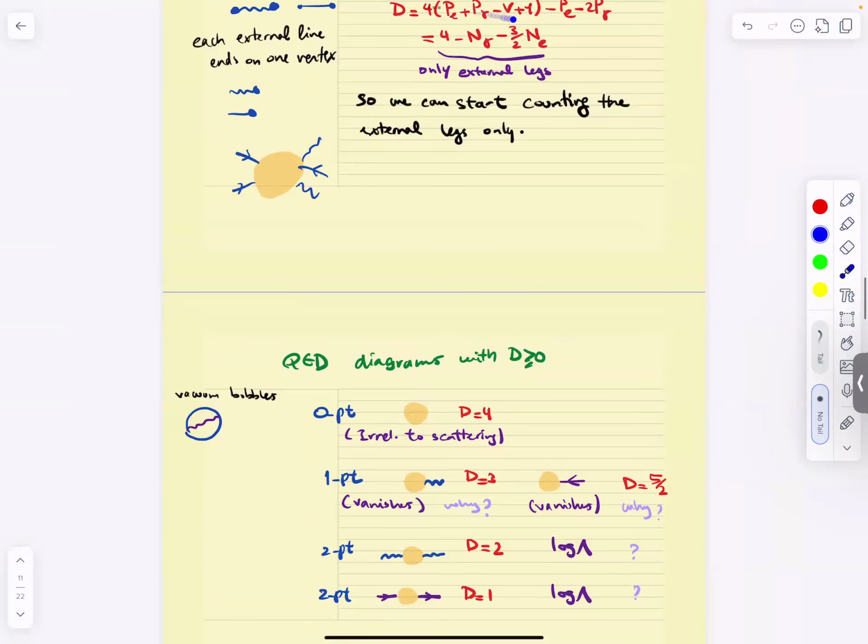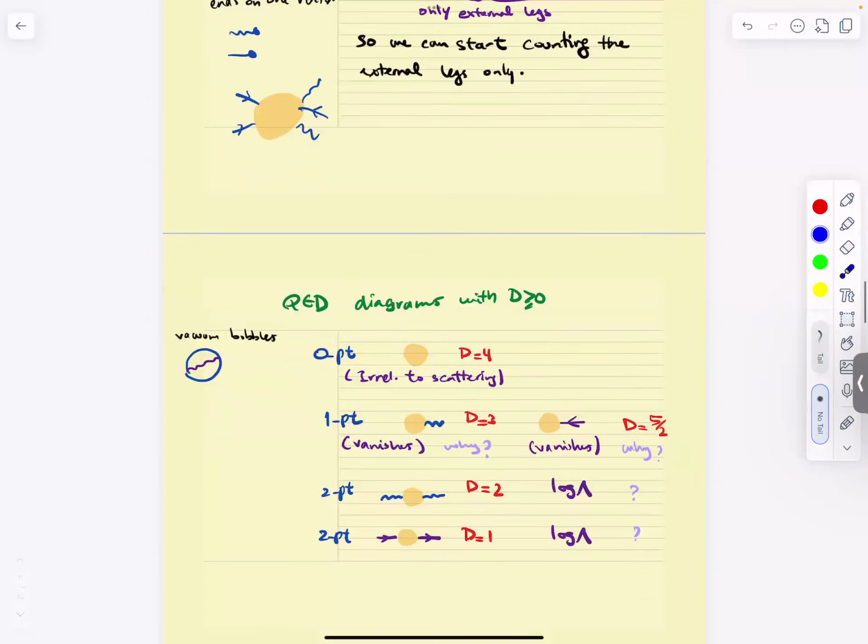Remember the formula is this. As you increase the number of external legs, the superficial degree of divergence goes down because n gamma and n e are positive numbers. So the worst case scenario is a 0-point function, which will have superficial degree of divergence 4.